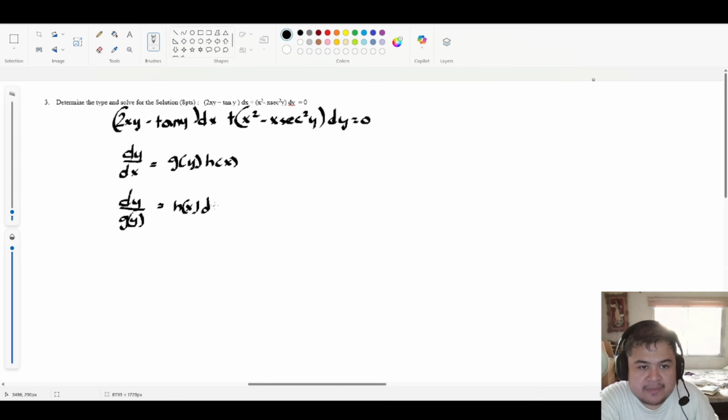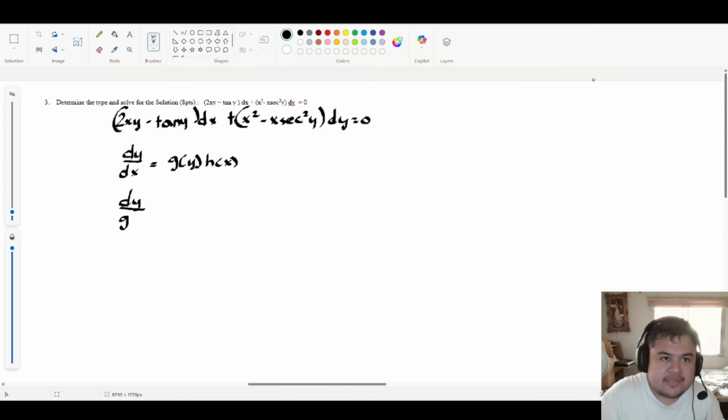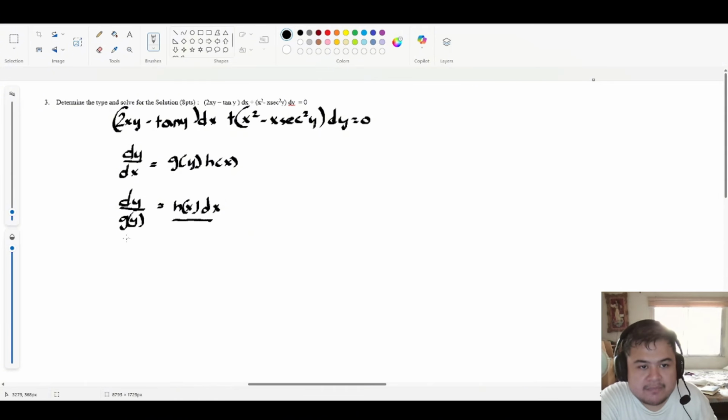When you separate them to their respective derivatives, the only function available for that derivative is only its own variable. So your dy has only y, and your dx will only have x on its side. Okay?